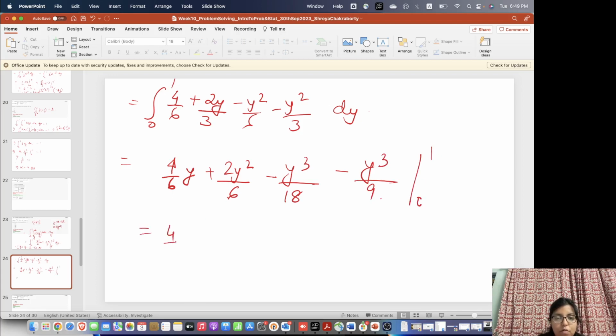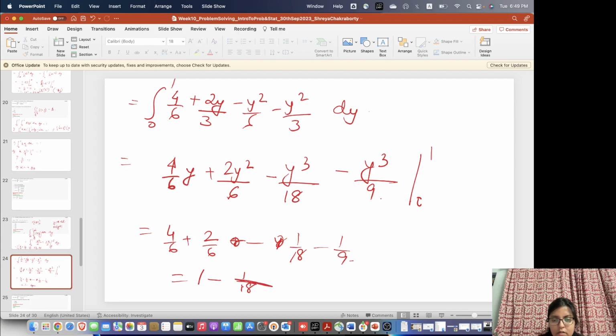So this will be 4 by 6 plus 2 by 6 minus 1 by 18 minus 1 by 9. So this is 1 minus 1 by 18 minus 1 by 9.